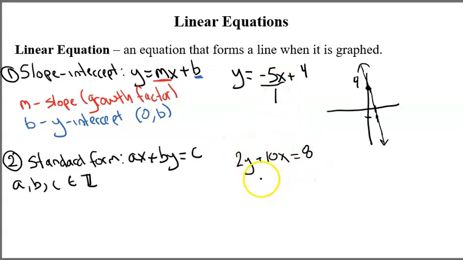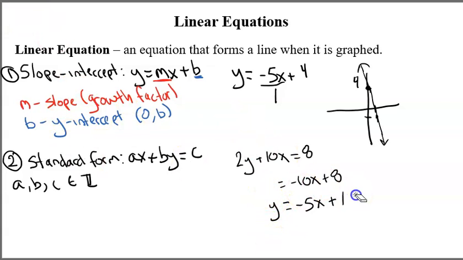So I'm going to subtract 10x, so I get 2y equals negative 10x plus 8, and divide everything by 2. So 2y over 2 is y, negative 10 divided by 2 is negative 5, and 8 divided by 2 is 4.